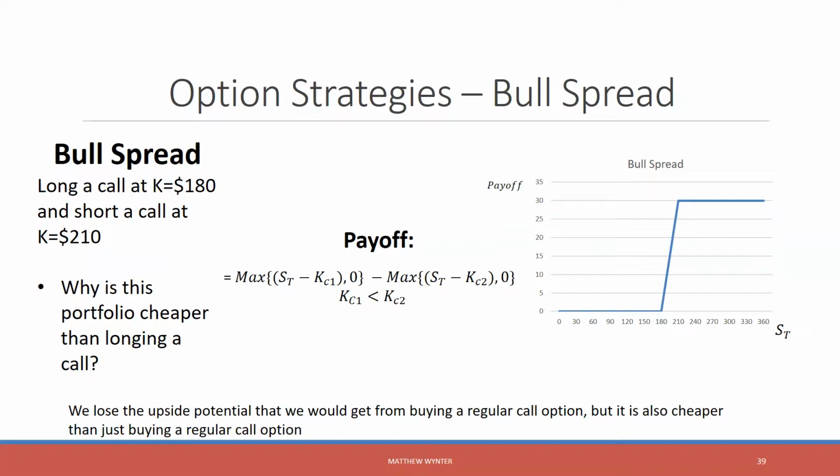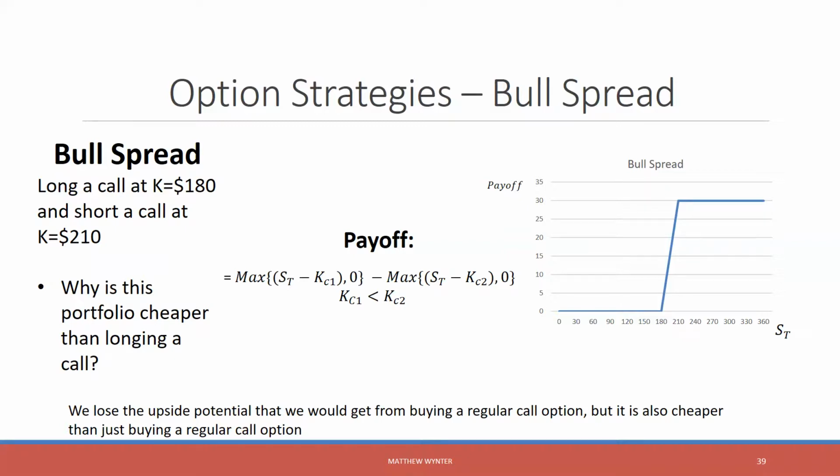What do we do when we do this? When we do this, clearly we're giving up some of the upside. So our maximum gain is really here just 30. Whereas before, our maximum gain was infinite because the spot rate at maturity could go up to anything. So here we're locking in a level of profits, but you'll notice that our losses are still bound at 0.